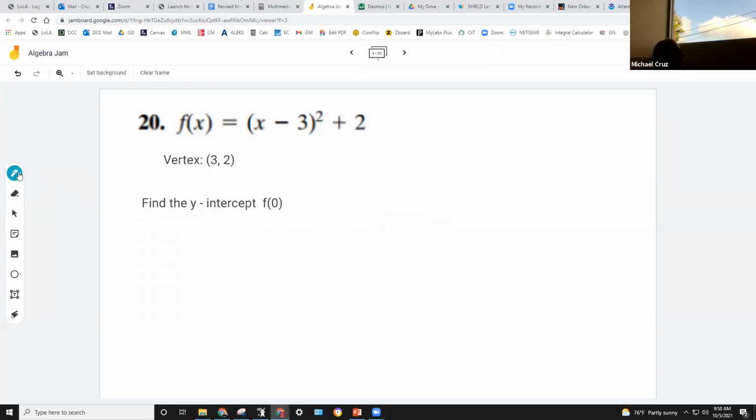So we have f of 0, and then this is just going to be negative 3 squared. So that's going to be 9 plus 2, which is 11. So the y-intercept is (0, 11). Okay? Like I said, that one's pretty easy to find.